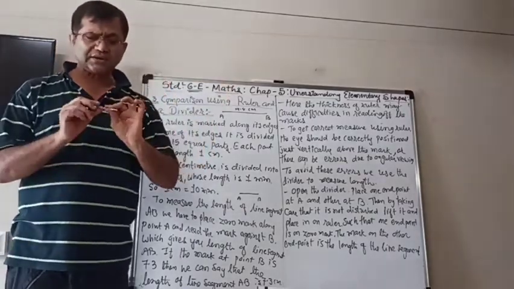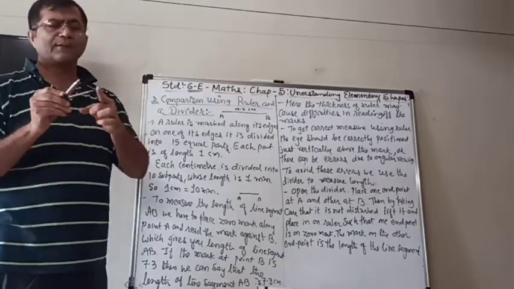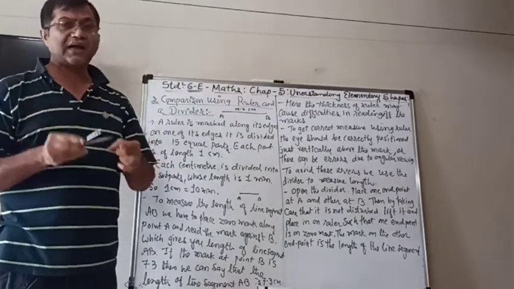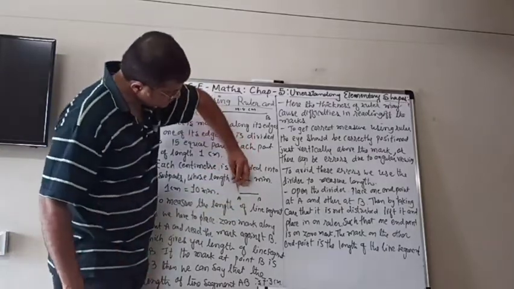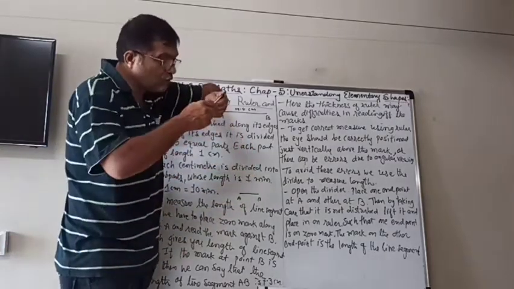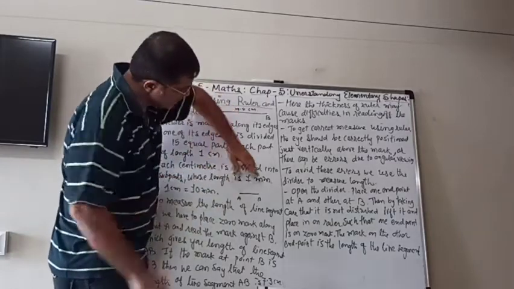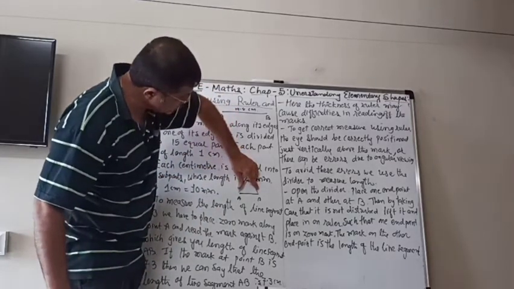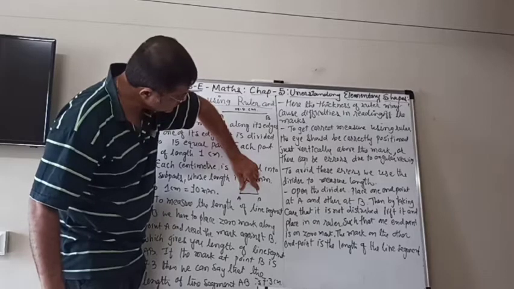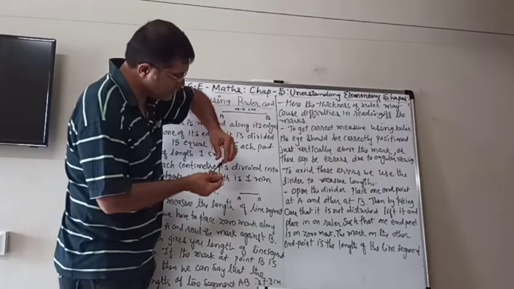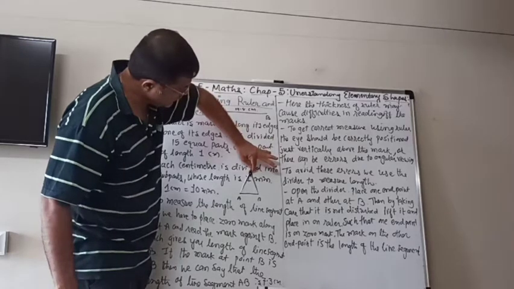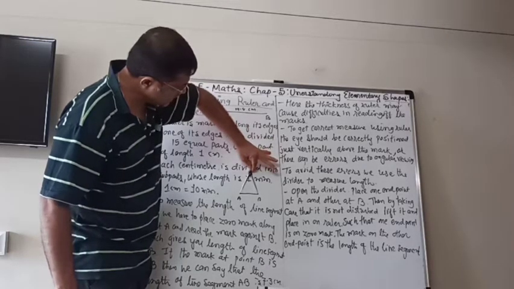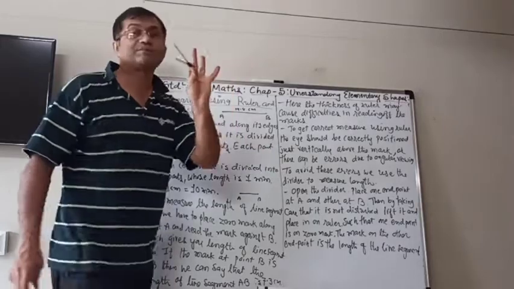I have to take it in my hand and put one of the ends exactly on point A like that. Then I have to widen it such that the other point comes on point B.